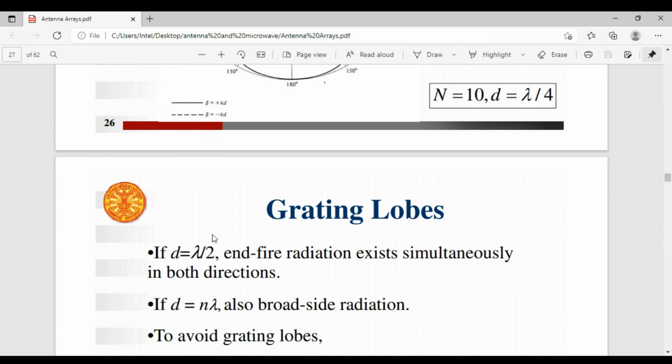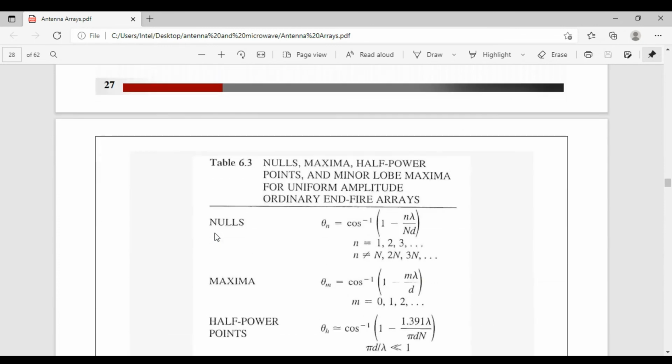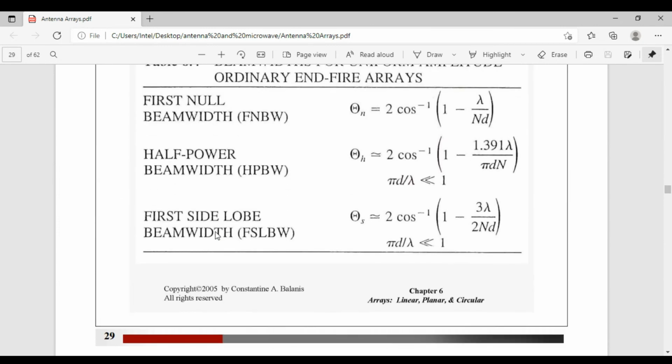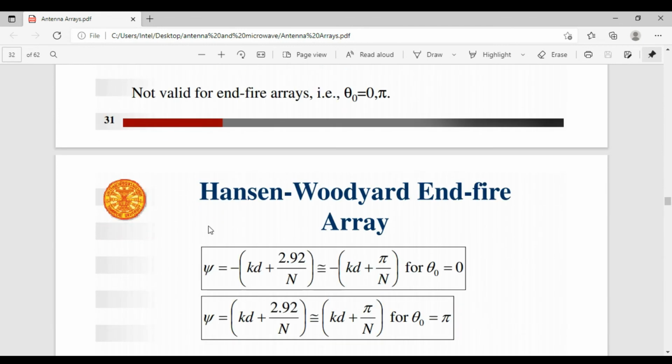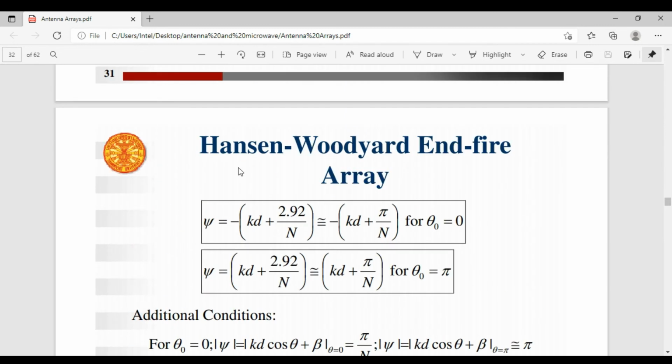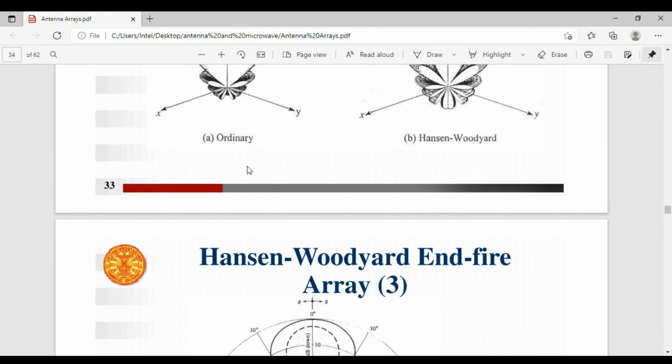The two elements are located here, equal amplitude and opposite phase. So it is a phased array and scanning array. Then the Hansen-Woodyard end-fire array is a type of end-fire array. In order to get more gain, this Hansen-Woodyard array is introduced.